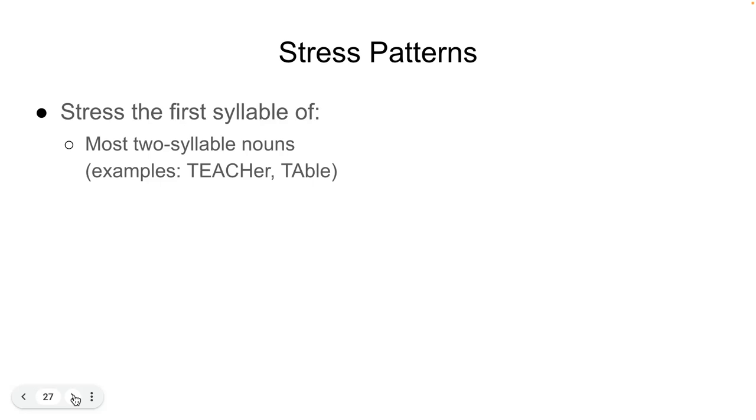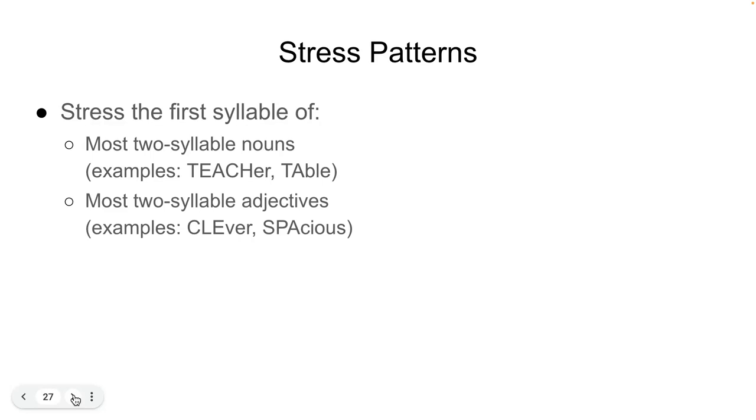Of course, there are always exceptions in the English language. But generally, in two-syllable nouns, the first syllable is stressed, like teacher, table. For adjectives, it's the same. The first syllable is stressed when there's two syllables.